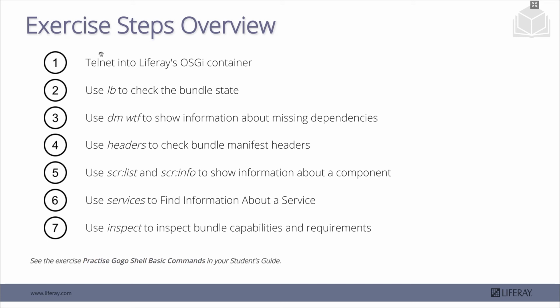We can use scrlist and scrinfo to take a look at the list of components as well as the information about the components, respectively. Services allows us to find and get some info about a specific service, and inspect capabilities allows us to take a look at the capabilities and the requirements of that specific bundle.